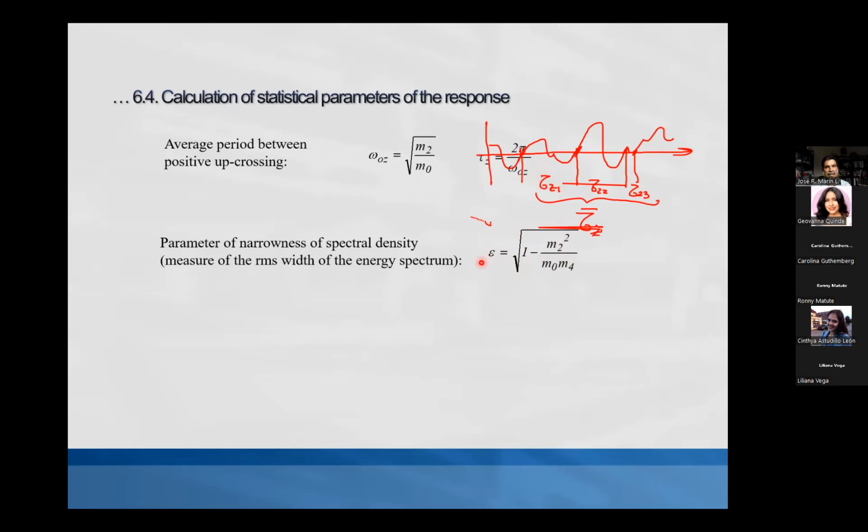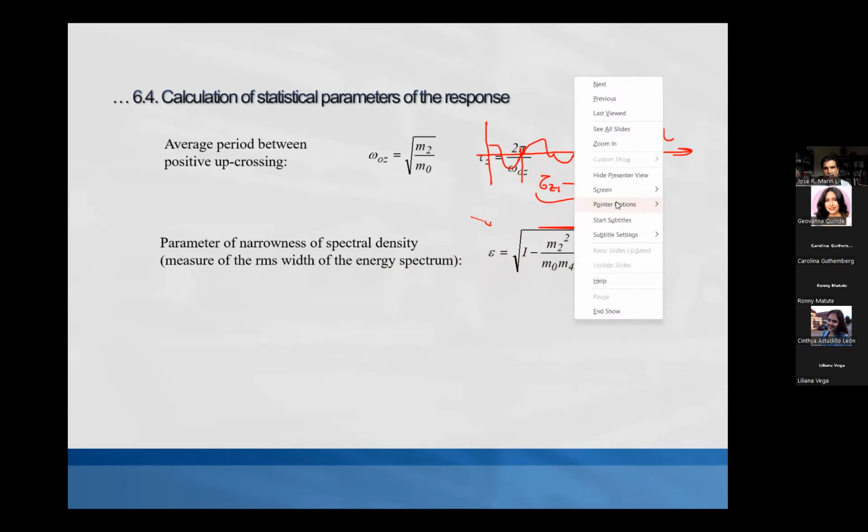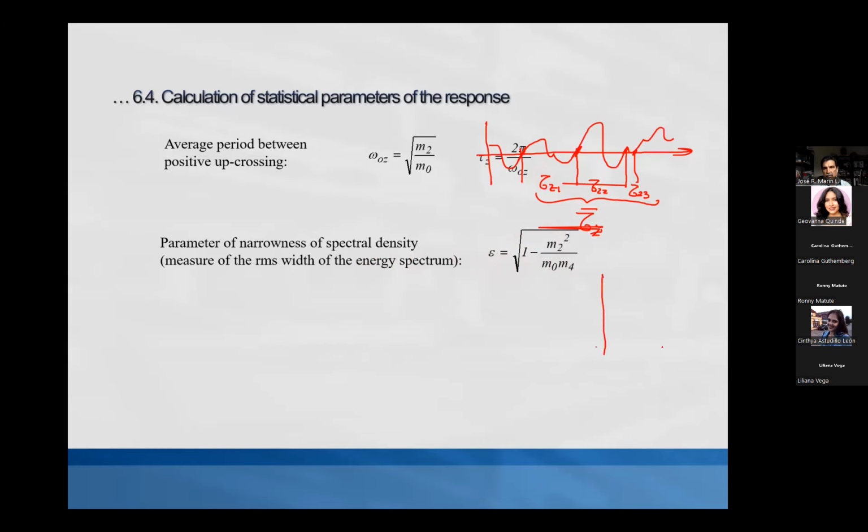And what do we mean by this? Okay, if we have a spectral density like this, see that all the energy is located in a very narrow band of frequency.